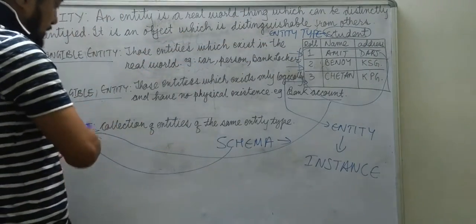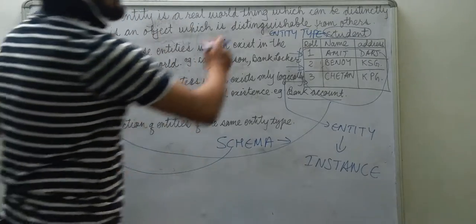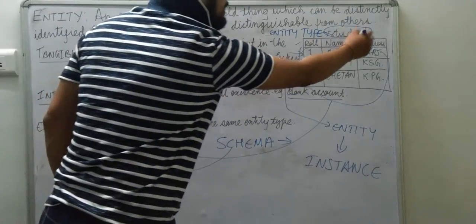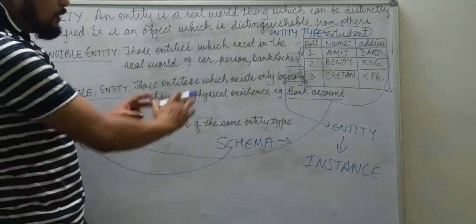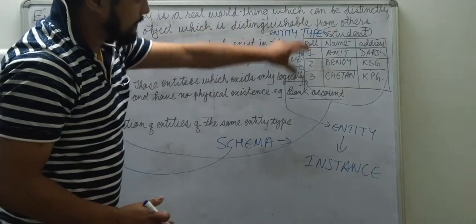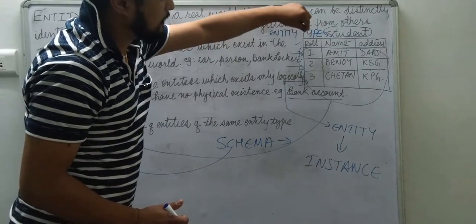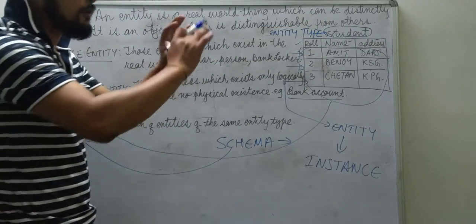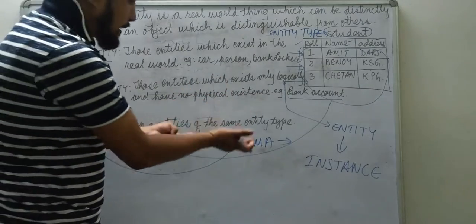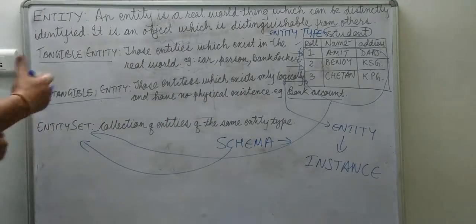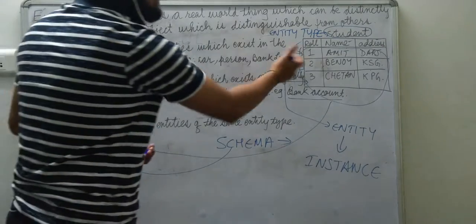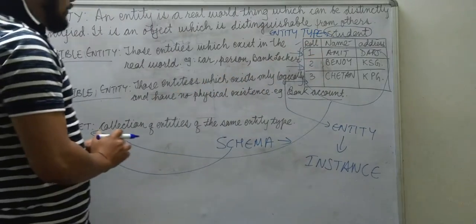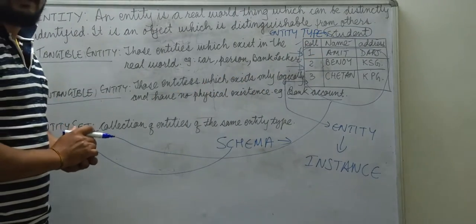The overall design has roll number, name and address. Each field has its own values. Schema is the overall design, which is a group, so we can also call the entity set a schema and each entity an instance, which represents a row. So this is all about entity. Okay, thank you.